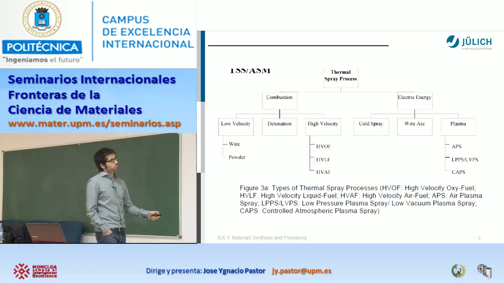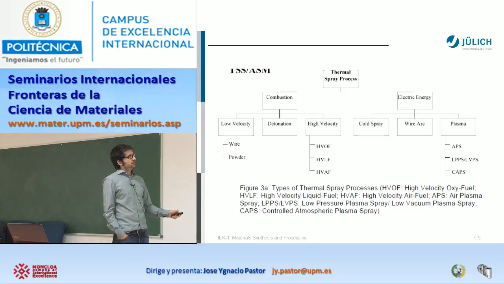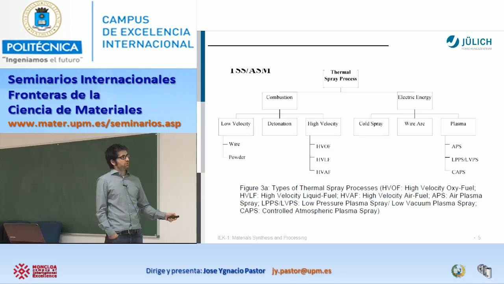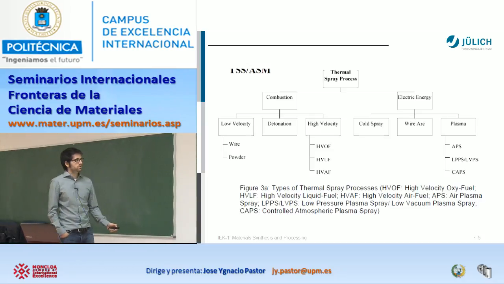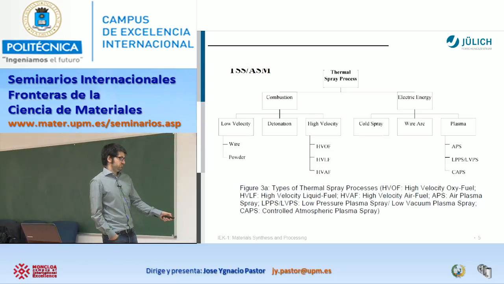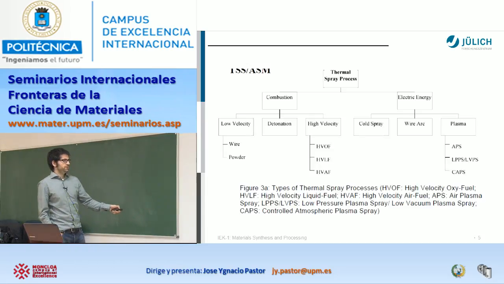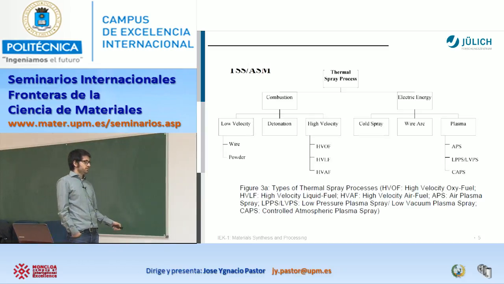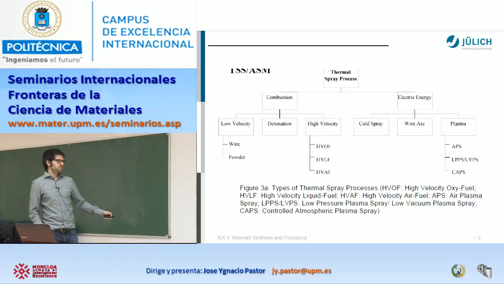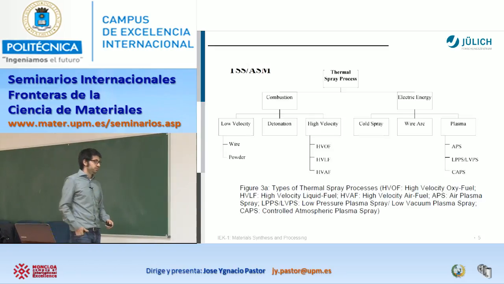We are more thinking about electric energy, and mainly through the generation of a plasma, okay? You have these APS or LPPS or CAPS that, obviously, all have different names, as you see here. Also, I think I will talk about high velocity oxy-fuel, but what is more used and typically employed is APS, air plasma spray, or also the low pressure spray that I will show you.